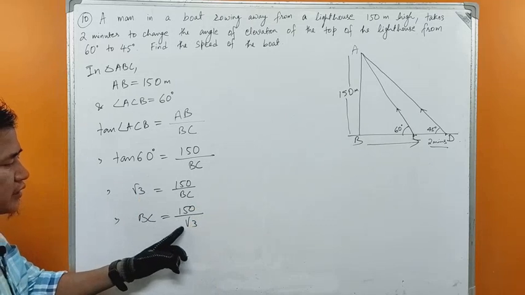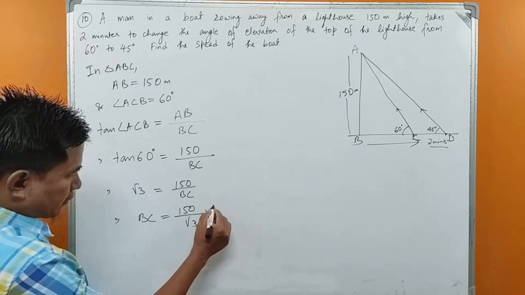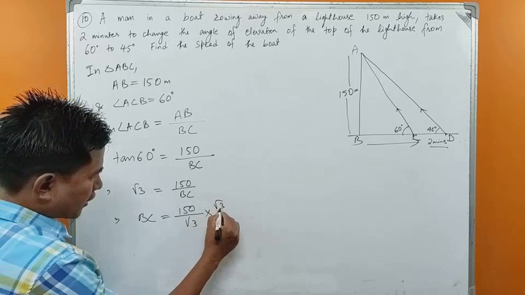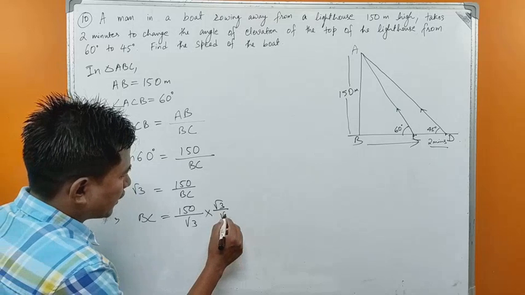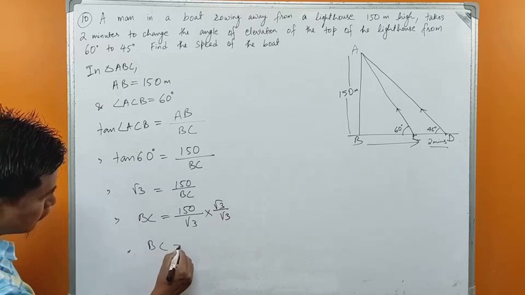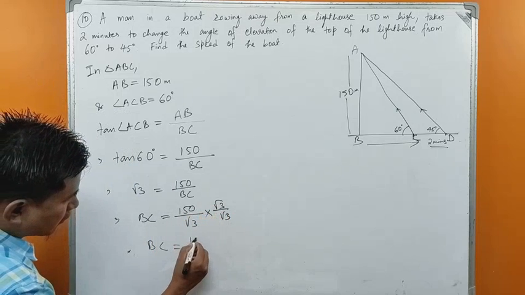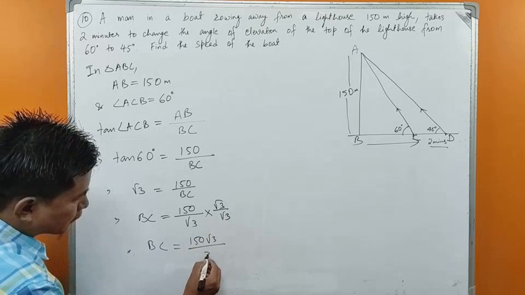Now let us rationalize this number and eliminate the root from the denominator. So multiplying and dividing by root 3, BC equals 150 root 3 upon root 3 into root 3, which is 3.